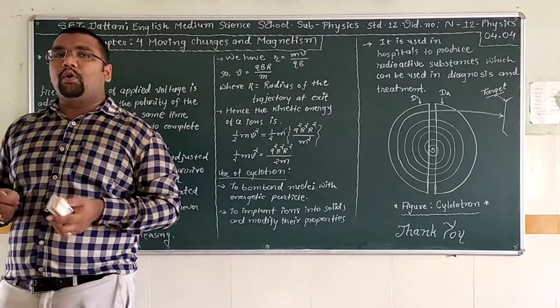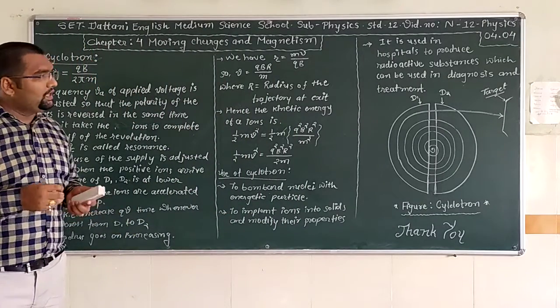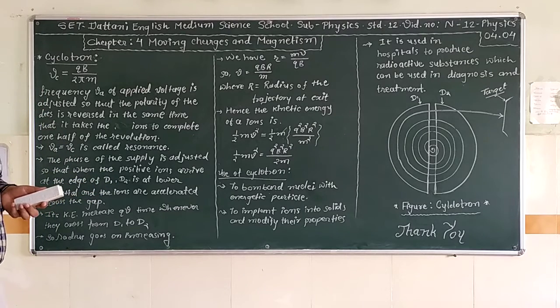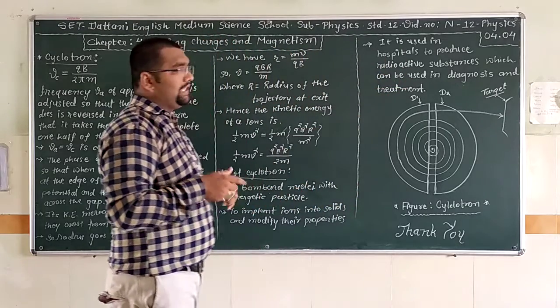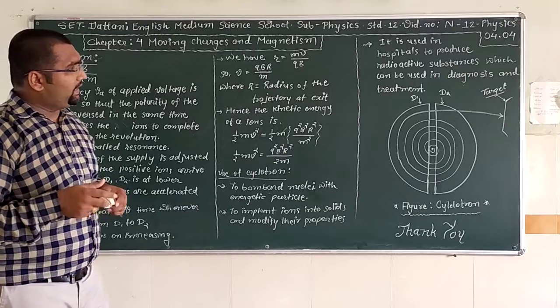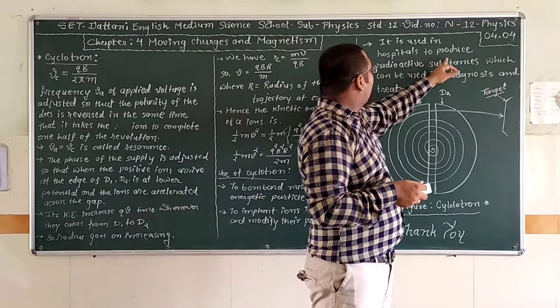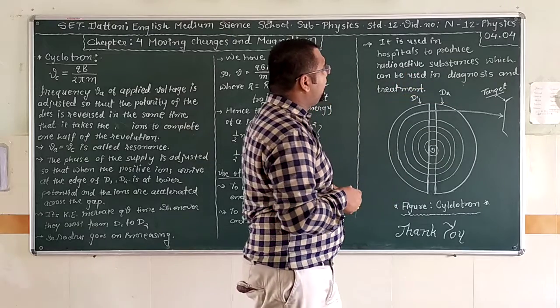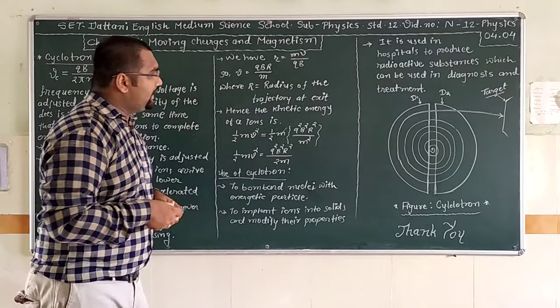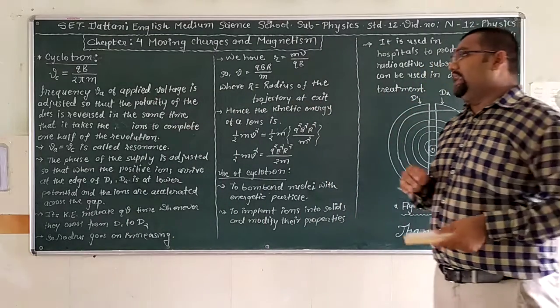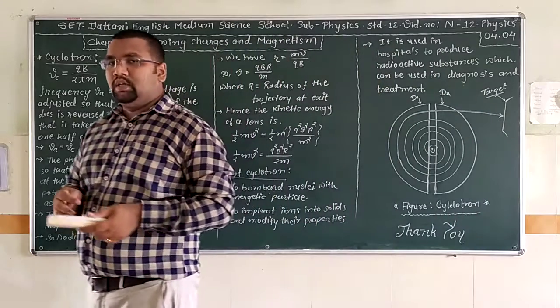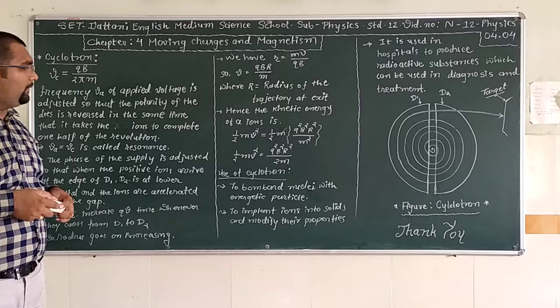If we want to modify the properties of any material, we can use the cyclotron for bombarding small nuclei on it. The third use is in hospitals, to produce radioactive substances which can be used in diagnosis and in some treatments. So these are the three most important uses of the cyclotron.